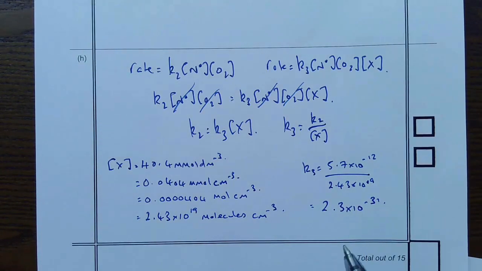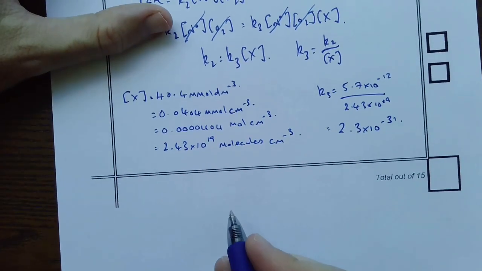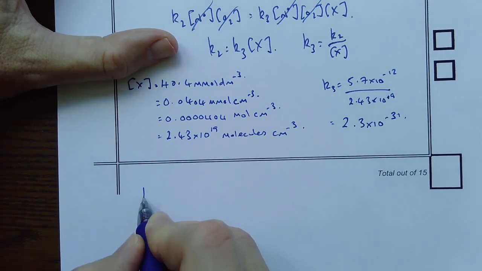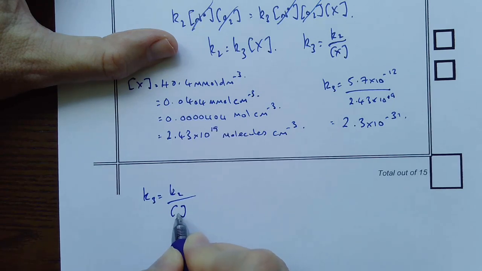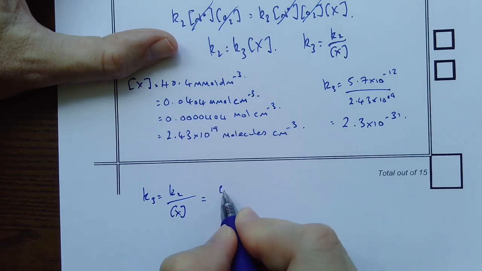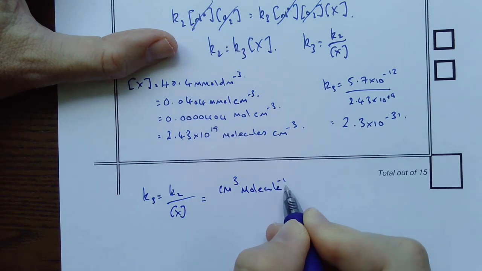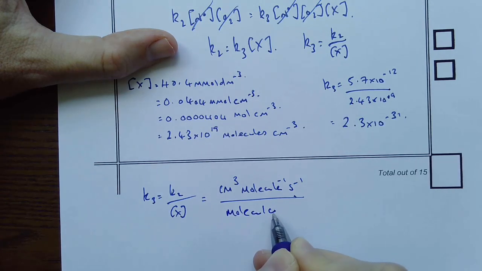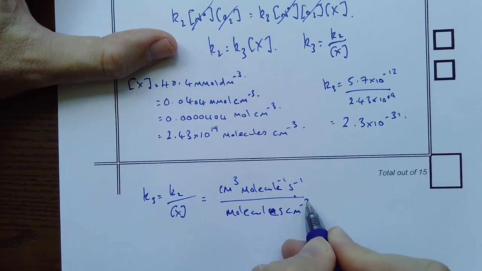Now, rate constants don't have the same units all the time, so we do need to work out what the units of this rate constant are. K3 is K2 divided by the concentration of X. K2 is given as centimeters cubed molecule to the minus 1, seconds to the minus 1, and X is molecules per centimeter cubed.